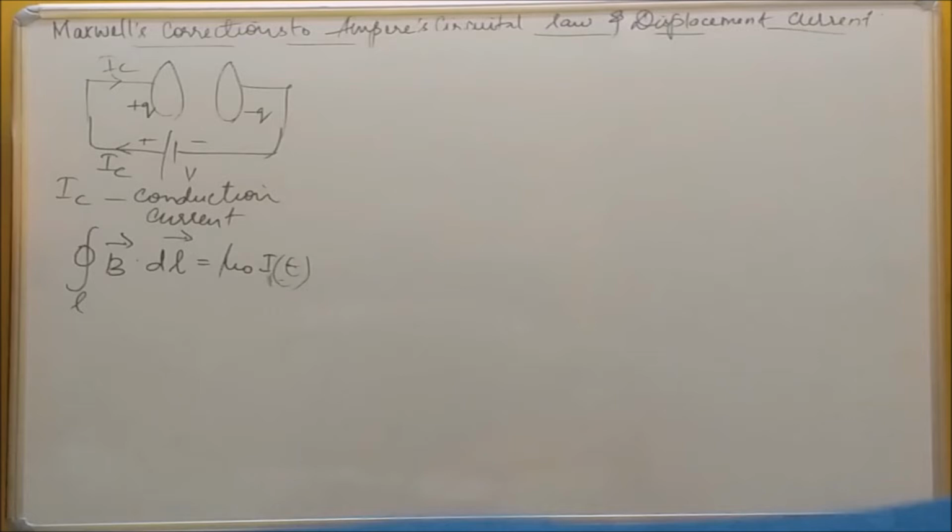That equation is the closed integral of B vector dot dl vector equals mu naught times I of t.